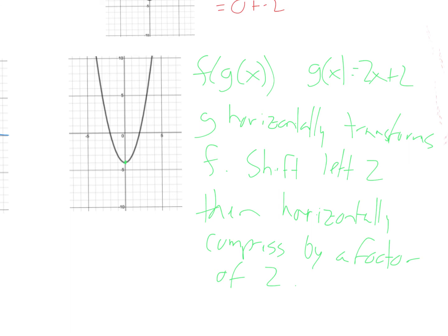So if I start here and then I go left 2, so from here, left 2, then divide by 2. Now my new point is -1. And we're just going to do that for every single point. I'll do just a few more. Left 2, then divide by 2. Well, 0 divided by 2 is just 0, so that's cool.